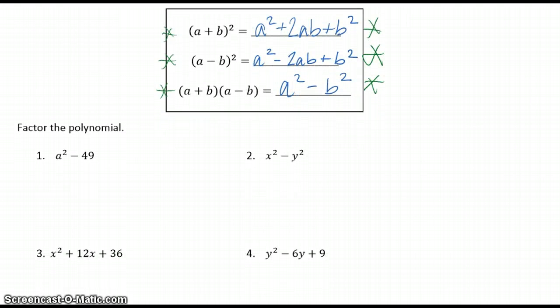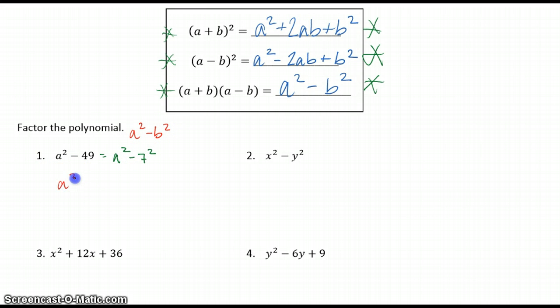So looking at number 1, it asks us to factor the polynomial a squared minus 49. We can rewrite a squared minus 49 as a squared minus 7 squared. So this looks very similar to our rule that has a squared minus b squared as a final product.